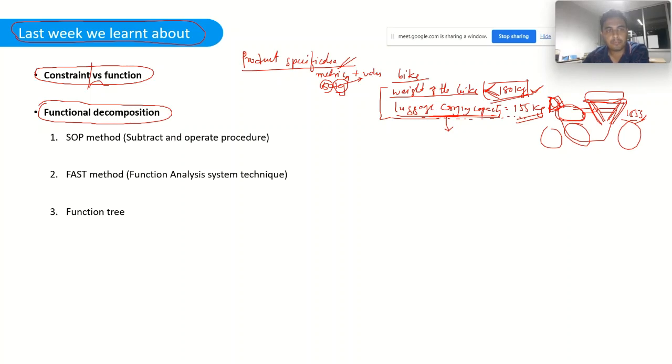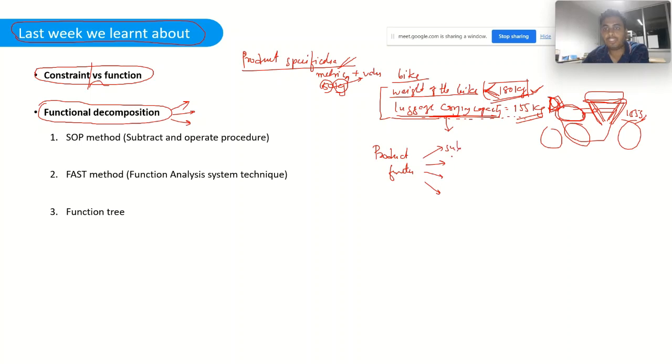Functional decomposition is basically breaking product functions down. You have a higher product function, right? So we break product functions into individual sub functions.